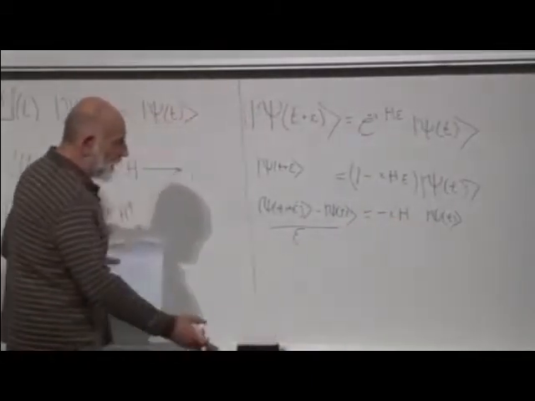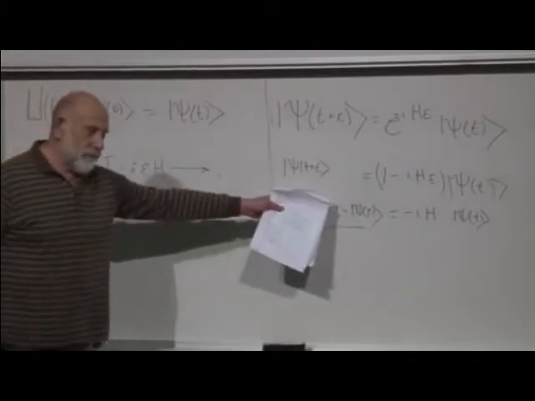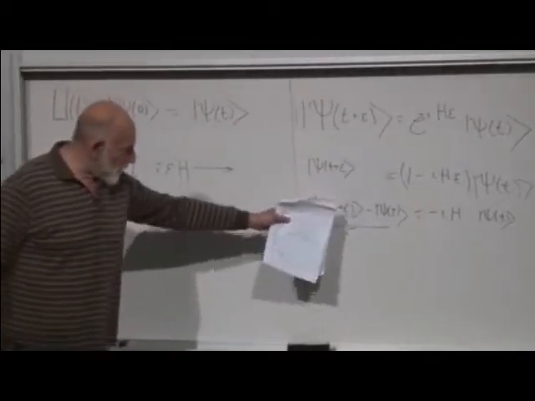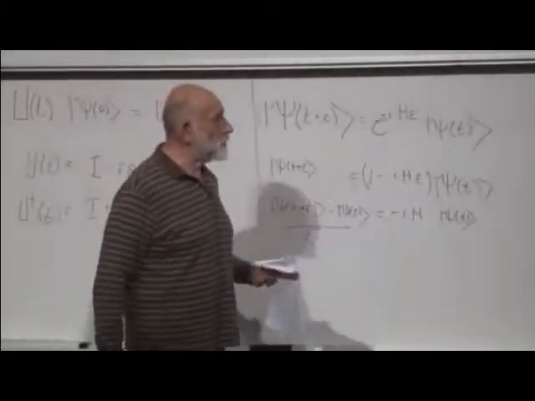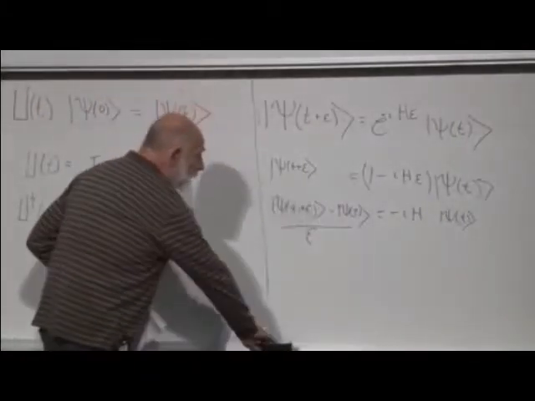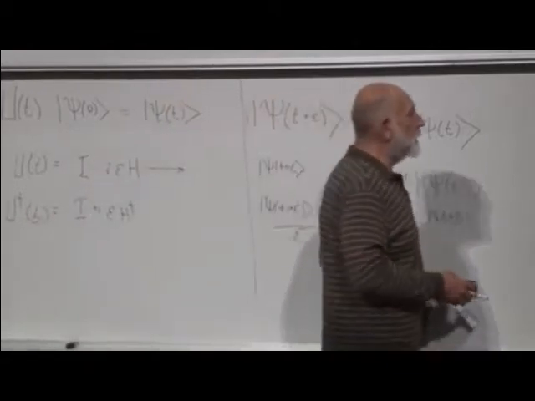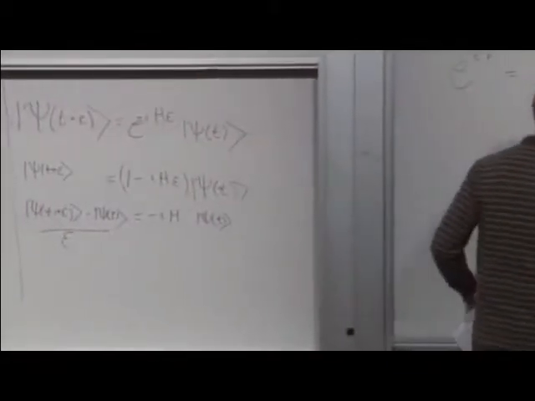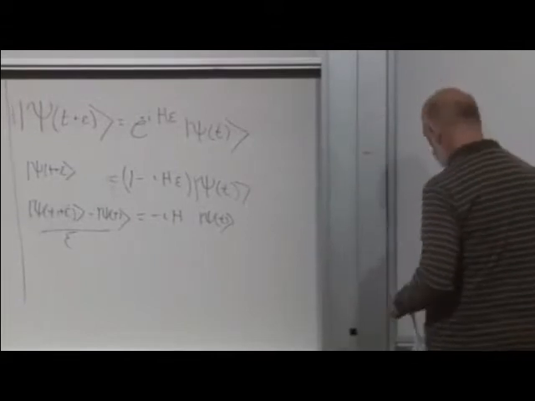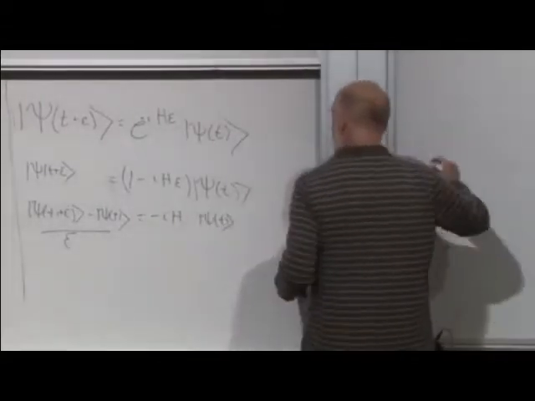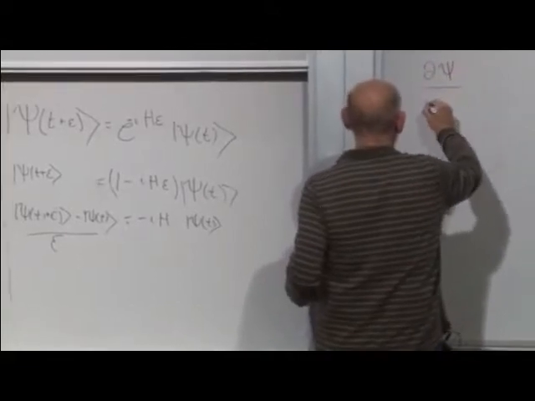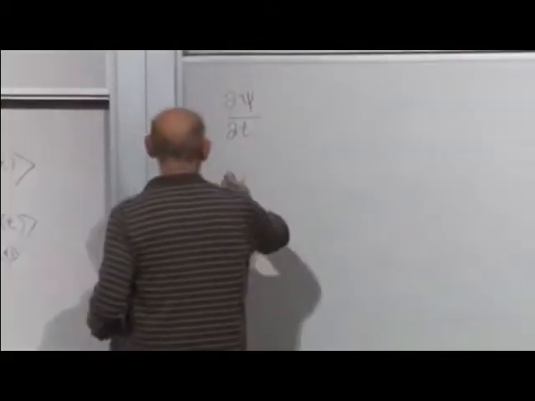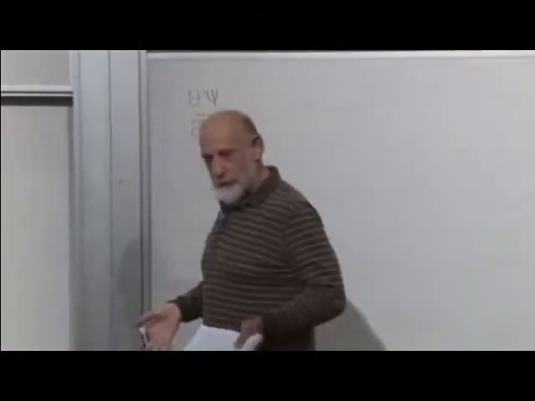Okay, what's the left-hand side? The left-hand side is the time derivative of the state vector psi. And the right-hand side is just minus iH psi of t. So that leads us finally to the Schrodinger equation. The Schrodinger equation says that d psi by dt, this could be a wave function or it could be the state vector.